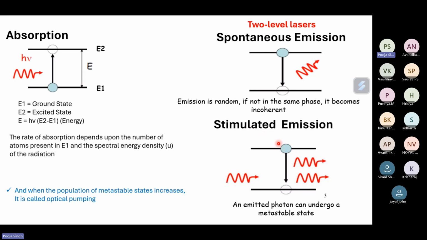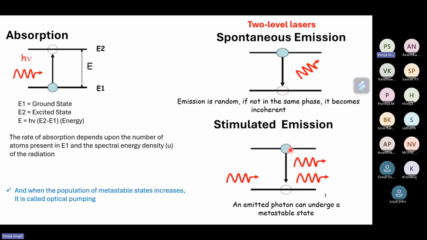The externally applied photon, as well as the photon released going from E2 to E1, basically combine and produce a double photon beam, and it will have coherency, meaning the same phase and wavelength of the light.